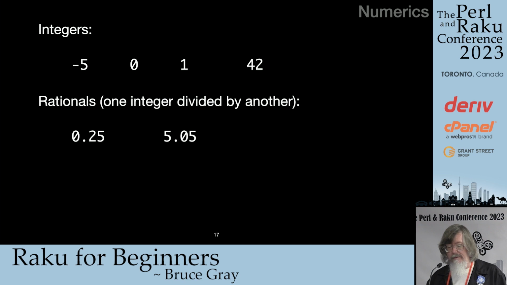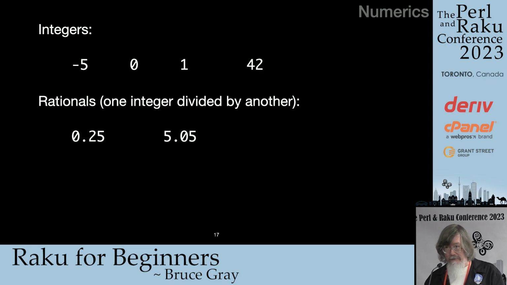Rationals. What you're reading as 0.25, well, Raku reads that as 25 over 100, reduces it to 1 over 4, and stores it as numerator 1, denominator 4. So a 2-compartment storage. And don't worry, they did figure out how to do that efficiently.